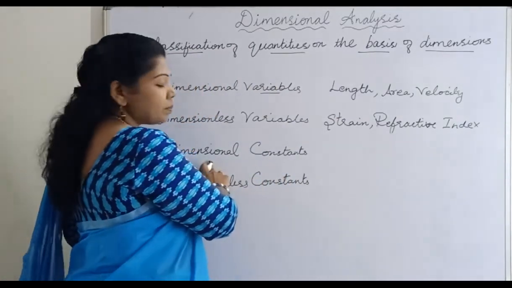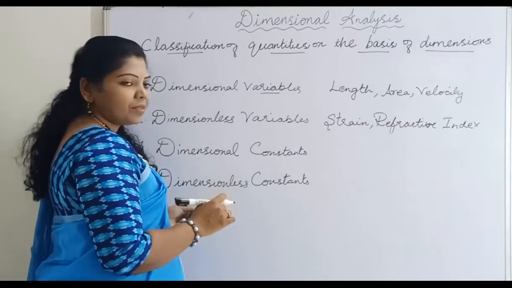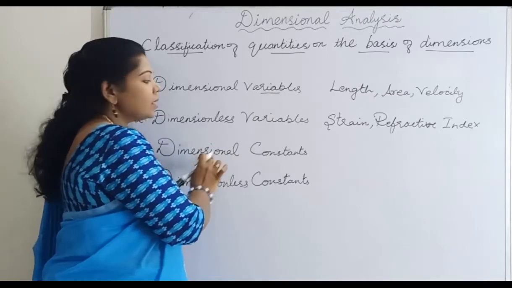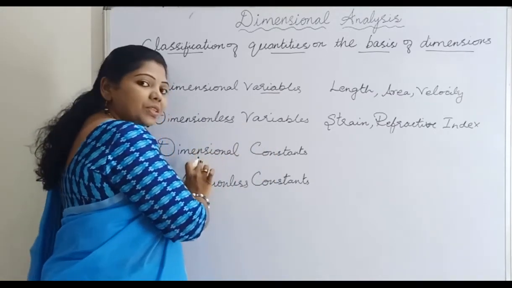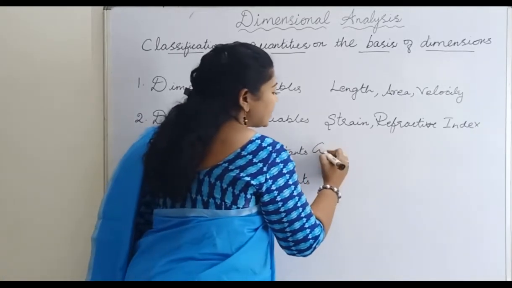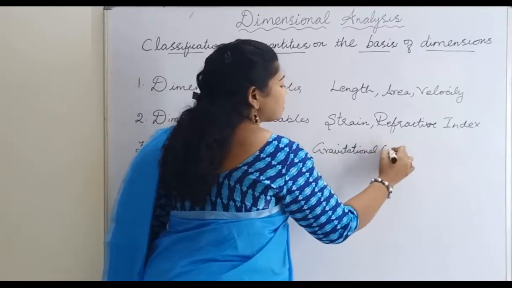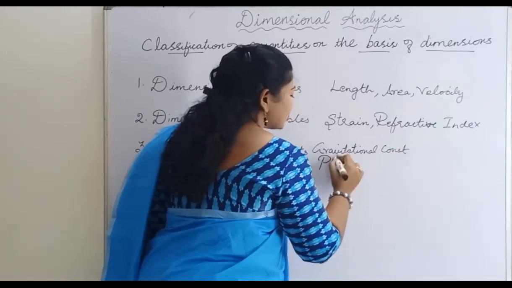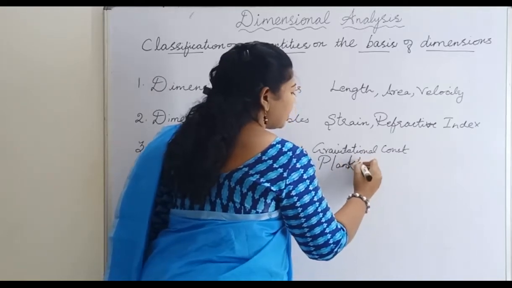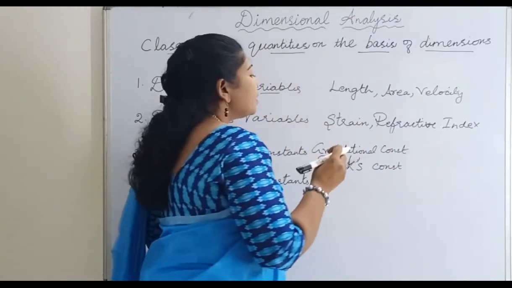The third type is dimensional constants. From the name itself we can say they are constants and they have dimensions. Constants which have dimensions are called dimensional constants. For example, gravitational constant and Planck's constant. Why are we saying so?